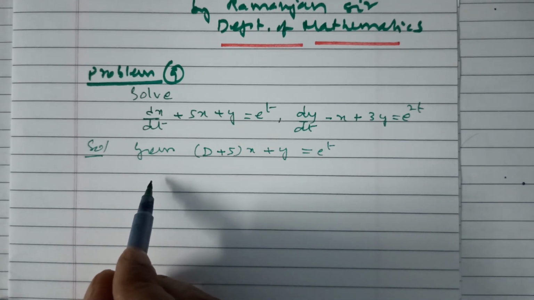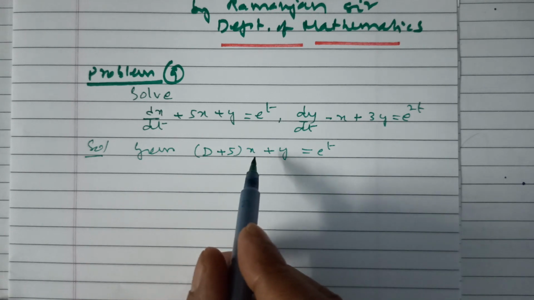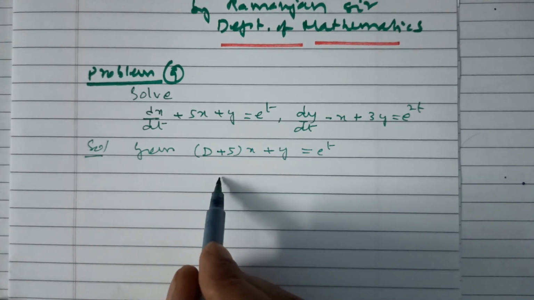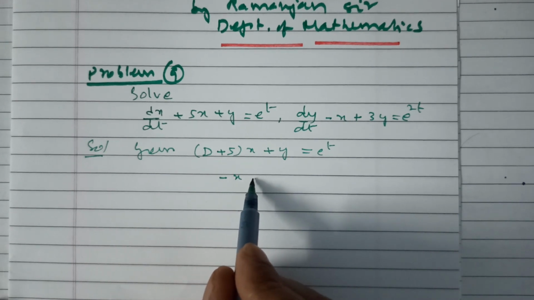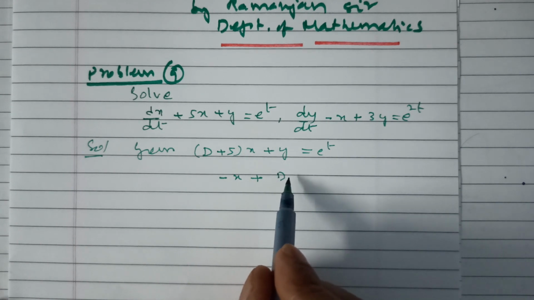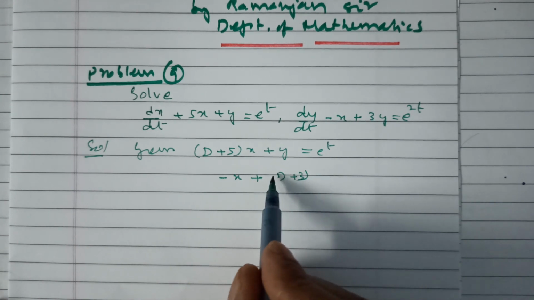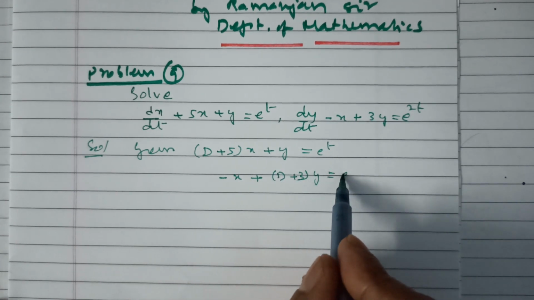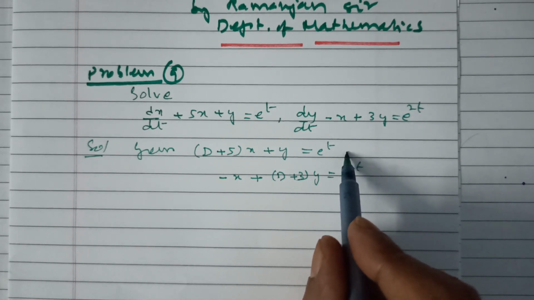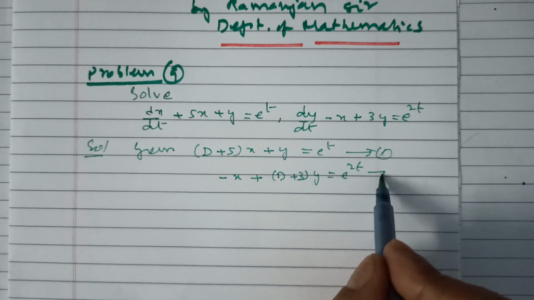Next, minus x plus (D plus 3) of y is equal to e power 2t. This is equation 1 and this is 2.